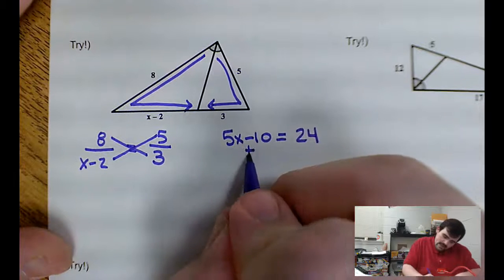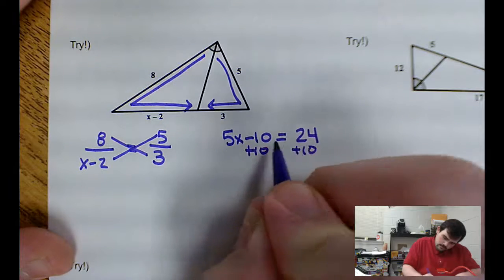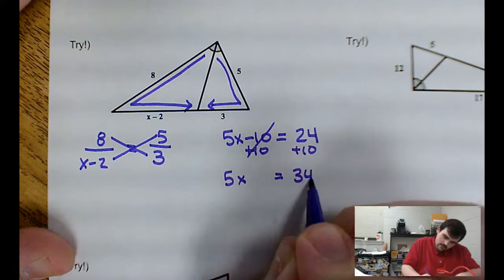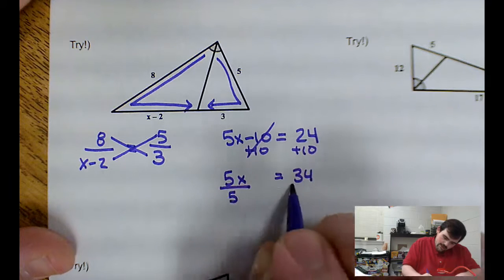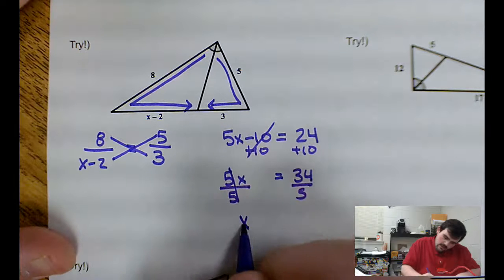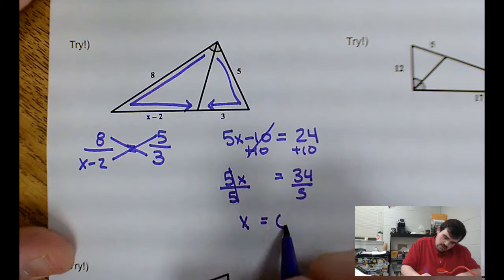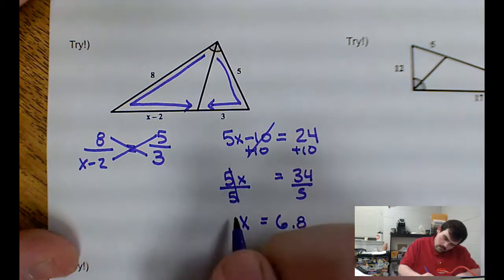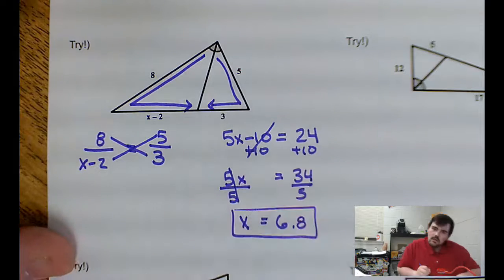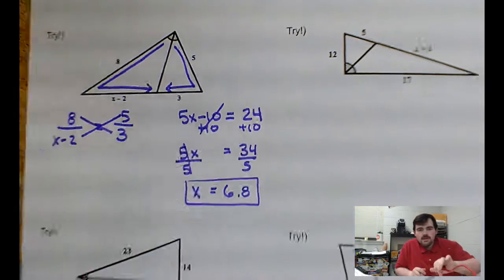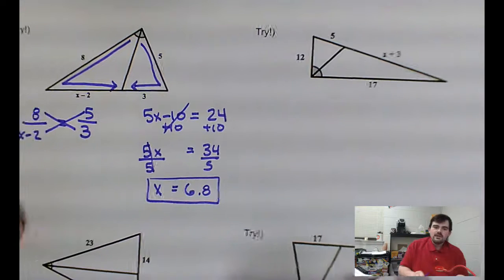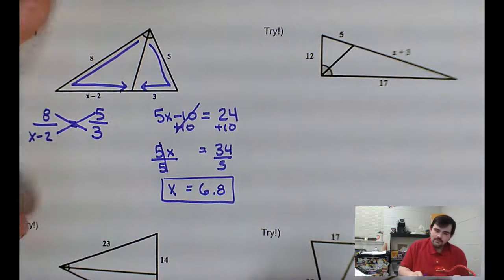And then I'm going to need to add 10 to both sides, which gives me 5x equals 34. And then divide both sides by 5. And I think I get x equals 6 point, is it 6.8? Yeah, 6.8. I got to be careful about doing my mental math and getting it wrong on the video. That would make me very, very embarrassed. Okay, so the answer to that first one was 6.8.